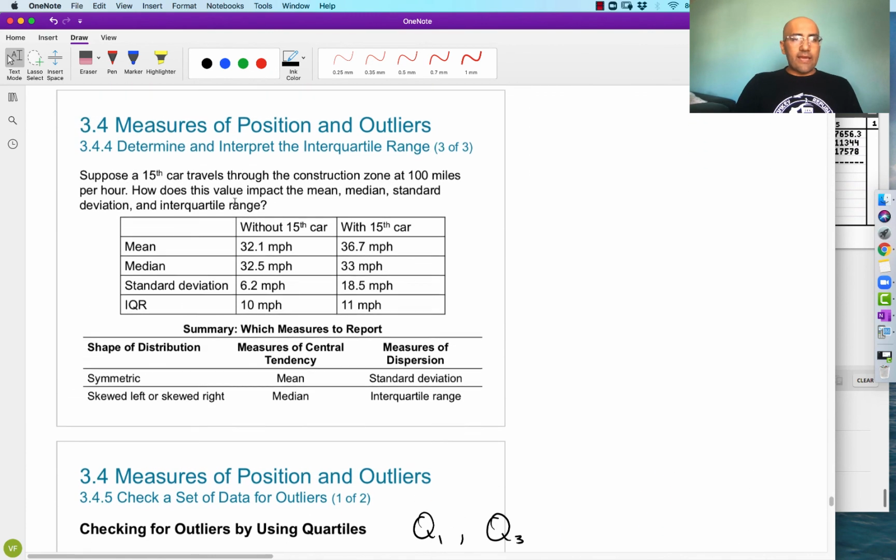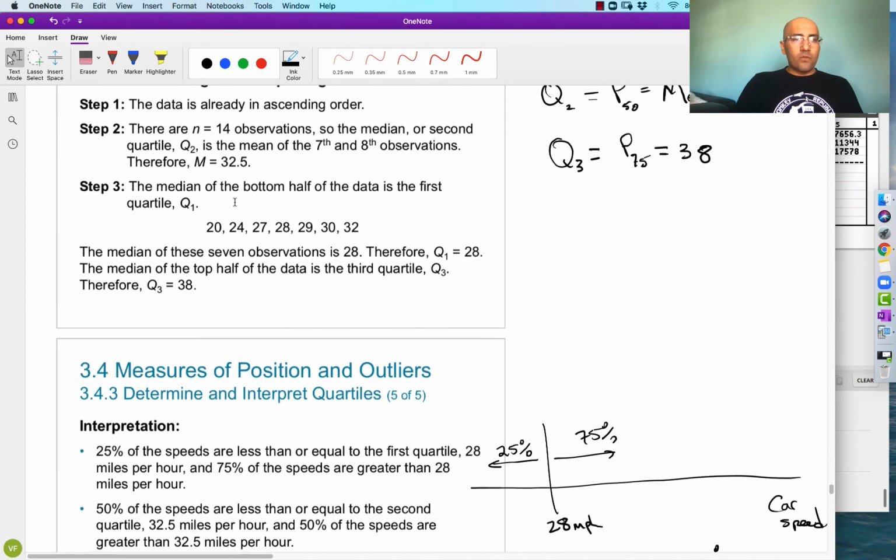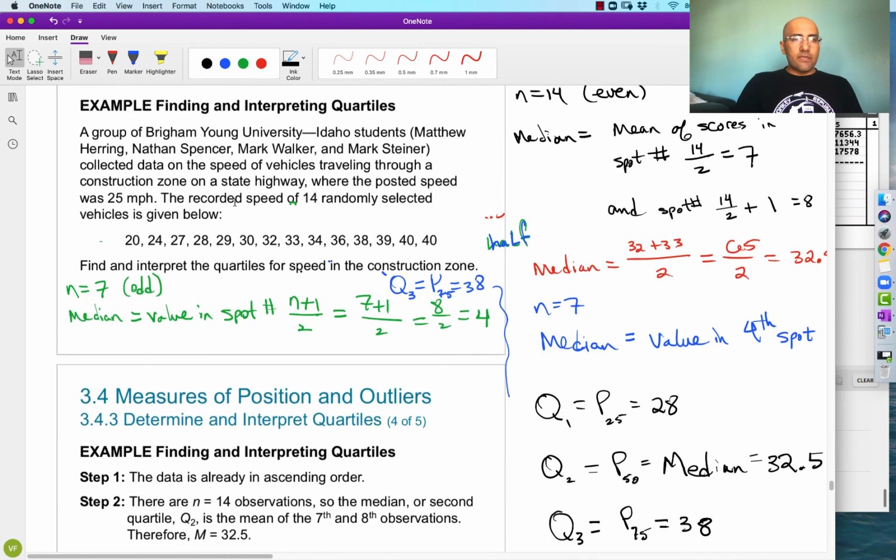So if we look at our data, coming up here to our original data, here is all the original data that we were dealing with. None of these scores are below 13, the lower fence, and none of our scores are above 53, which turns out to be our upper fence.